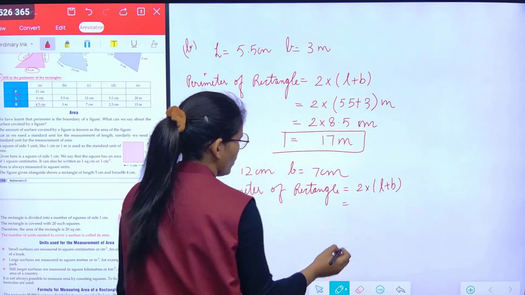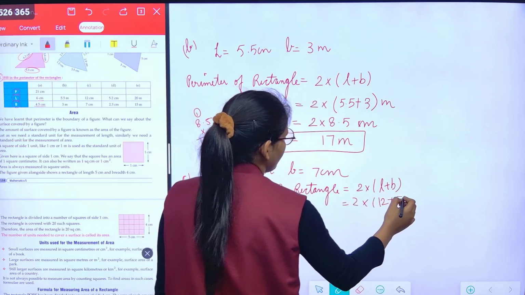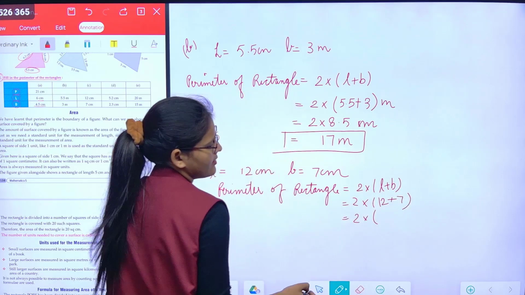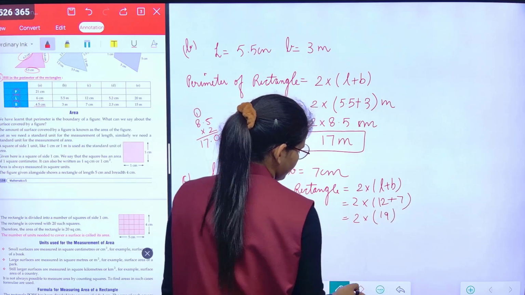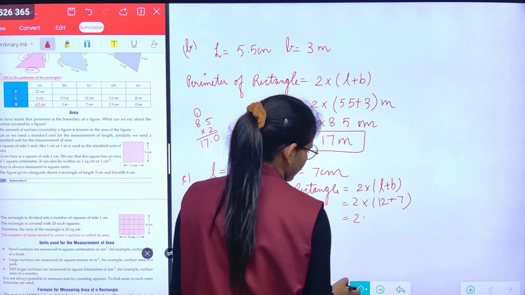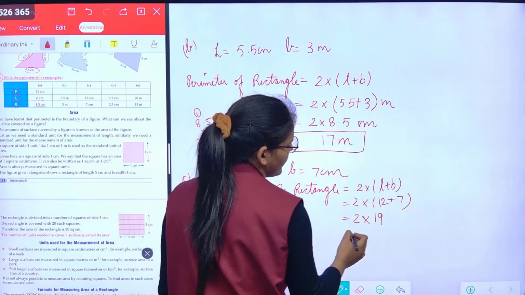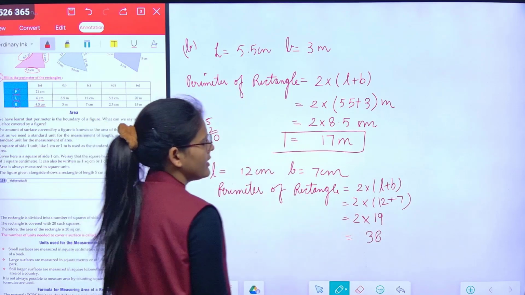See, 2 multiply length is 12 and breadth is 7. Now 2 multiply 12 plus 7, class, 19. 19 twos are 38 centimeter.